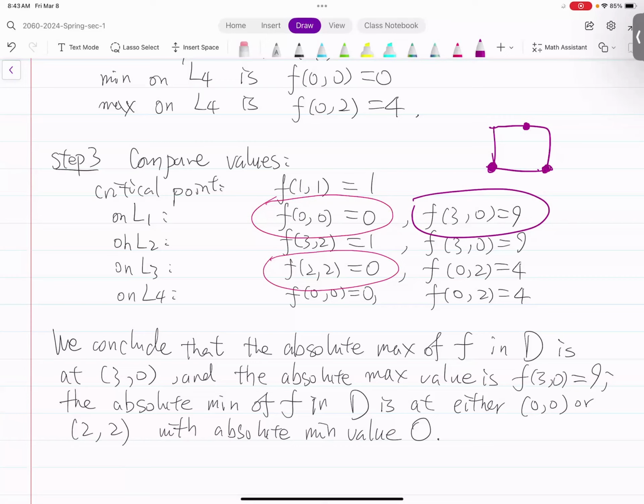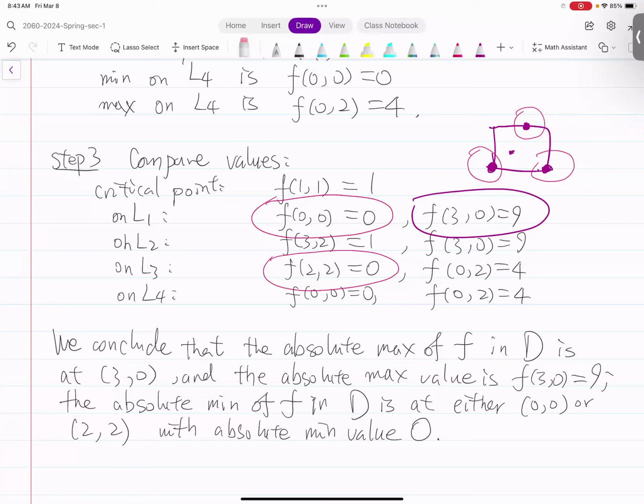So you can see that the extreme values occur at two of the corner points and one point within the top boundary. So this is what happens with this function. And you see that the critical point is (1, 1), right there, but it doesn't give you any absolute extreme point. So that's what happens within this example.